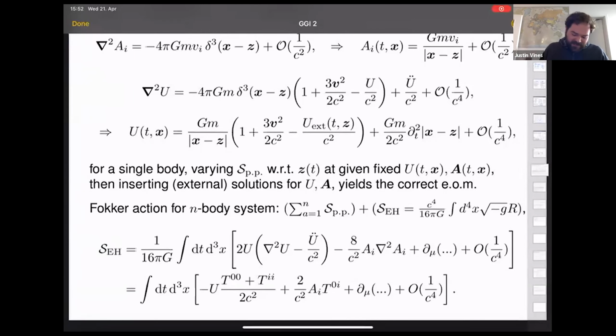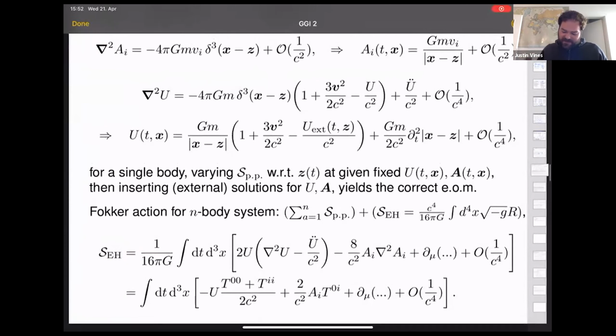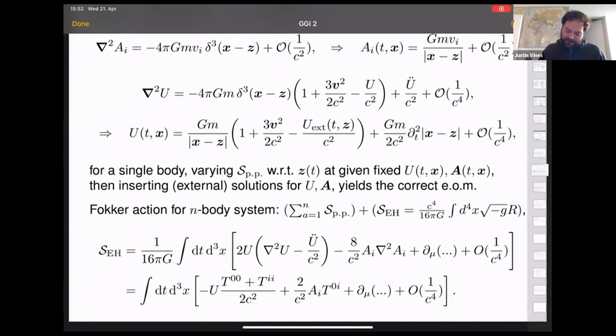Here I'm writing out the Einstein-Hilbert term through first post-Newtonian order, neglecting boundary terms that are not going to change anything I'm saying about the equations of motion. With our first post-Newtonian metric ansatz, they depend on our scalar potential and our vector potential. In fact, these terms are both proportional to the field equations.